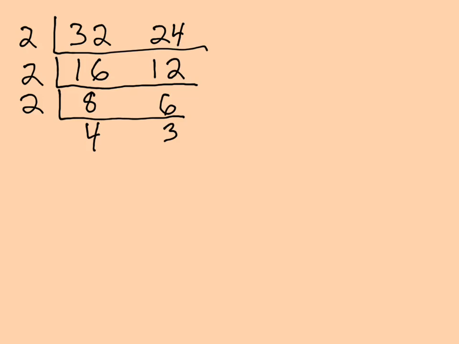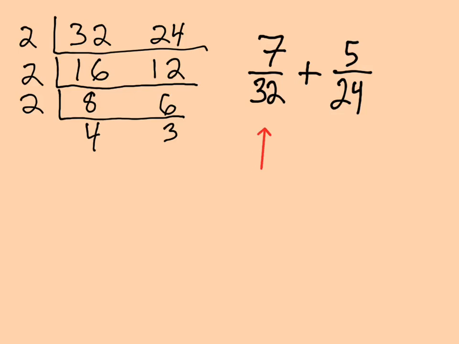If I look at the L chart, I can say, what if I want to add 7/32 and let's say 5/24? Notice these two numbers are the numbers I put in my L chart. I found the LCM of 32 and 24 originally.